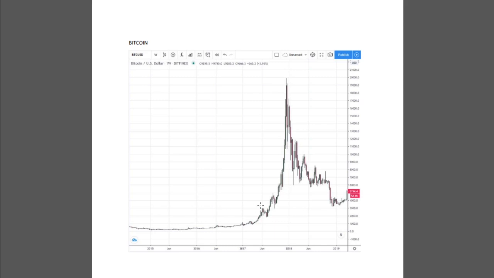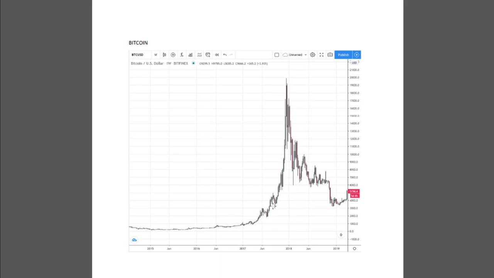Here's the classic one of Bitcoin that really is, I think, the present day version of it. Now, let me make sure I clarify this, because it's not the same as tulip bulbs, because I do believe there's value here. I don't think this was just made up and everyone went crazy like they did with the tulip bulbs. But in this instance, it went so far beyond its value.